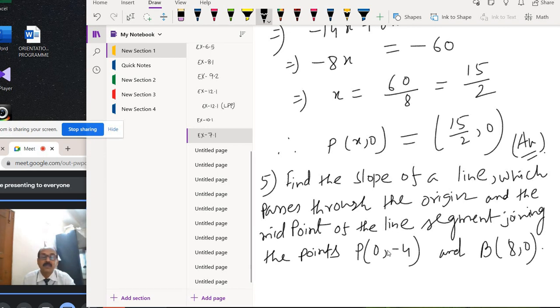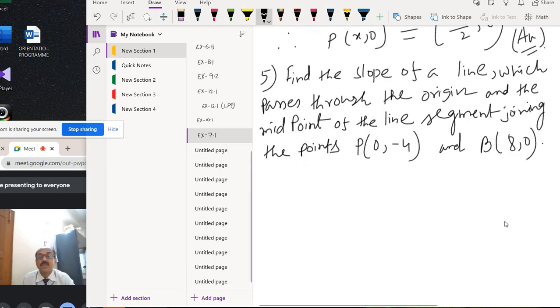First, to find the midpoint of these two points P and B, we can use the section formula. The ratio is 1:1, so x1 plus x2 by 2, y1 plus y2 by 2.